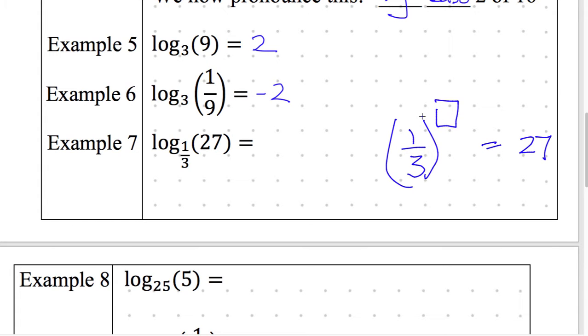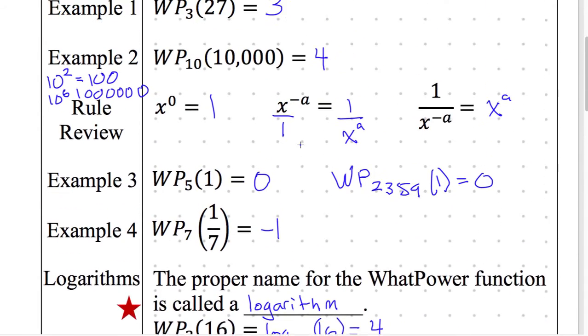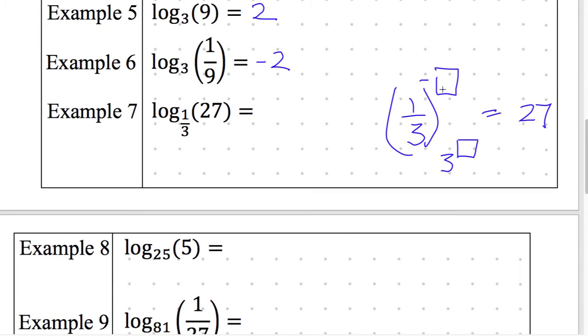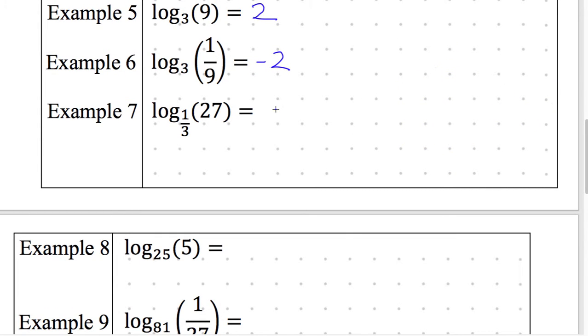So that means what, James? It's going to be a negative, exactly. And then now it's flipped, so now I have 3. 3 to what power is 27? 3. So your answer all at the same time now is, oh, careful, I need to flip it also. There it is, -3.